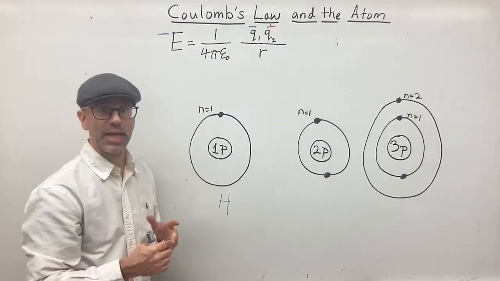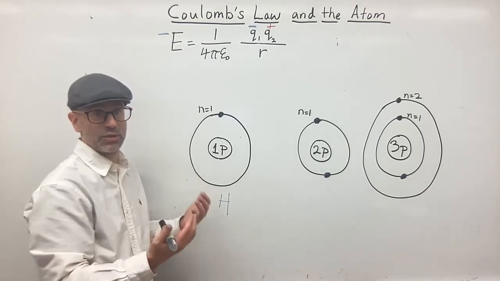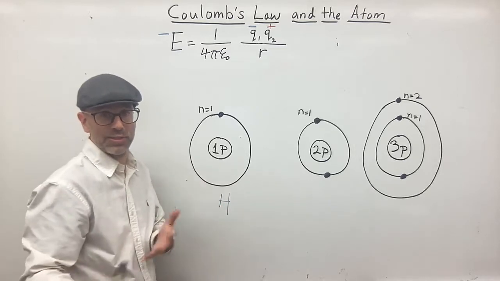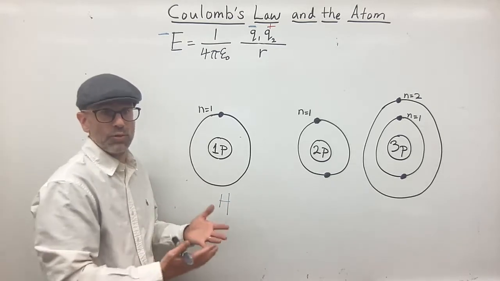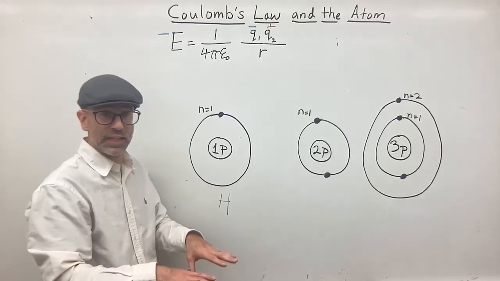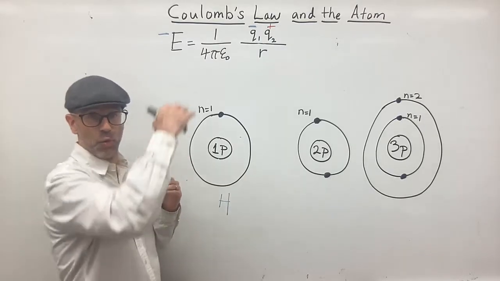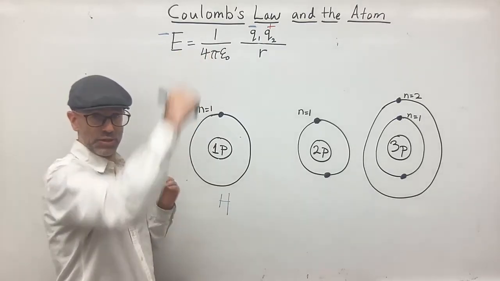So this explains the Aufbau principle in the electron configurations. Electrons want to be in the lowest energy states possible. That means they want to be as close to the nucleus as possible. So lower energy states are closer to the nucleus than farther away. As you get farther away, the potential energy increases.